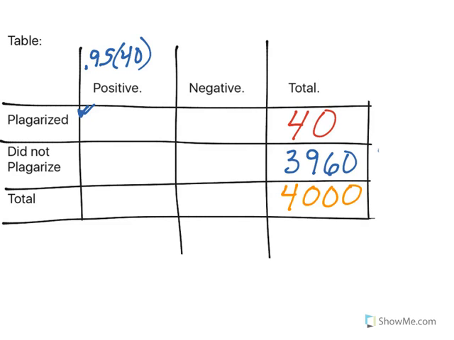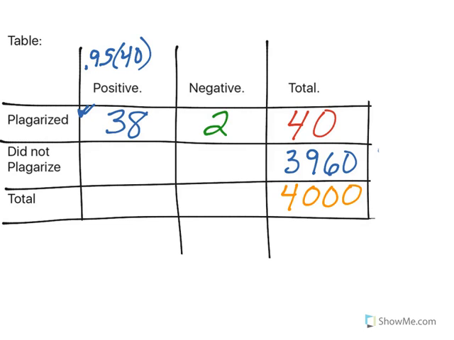So 0.95 times 40 gives me 38. Well, if I had 40 total plagiarizers and 38 of them failed the test, they tested positive, that means 2 of them are going to sneak by. I hope that makes sense.